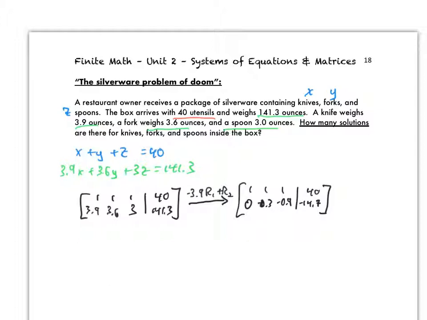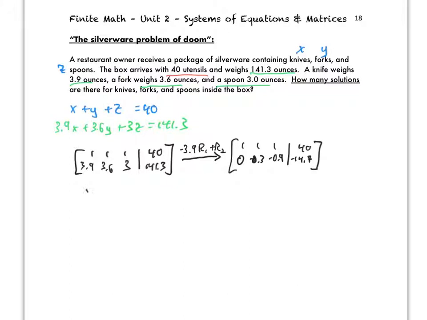So that's going to give me a chance to solve this system in terms of y and z. Once again, I have two equations. I have x plus y plus z is equal to 40. And now I have negative 0.3y minus 0.9z is equal to negative 14.7. This is now the equation I want to solve for y, but unfortunately it's going to be just in terms of z, because I can't really know what z is right now.